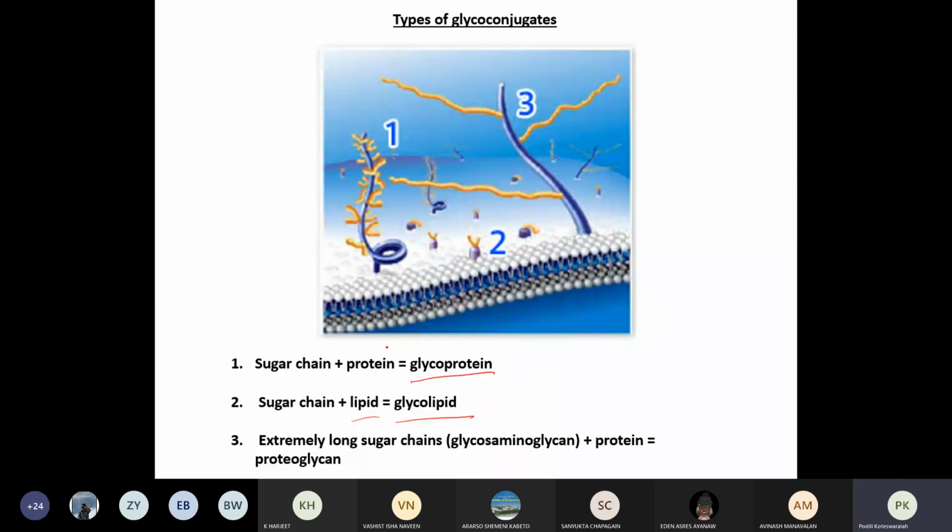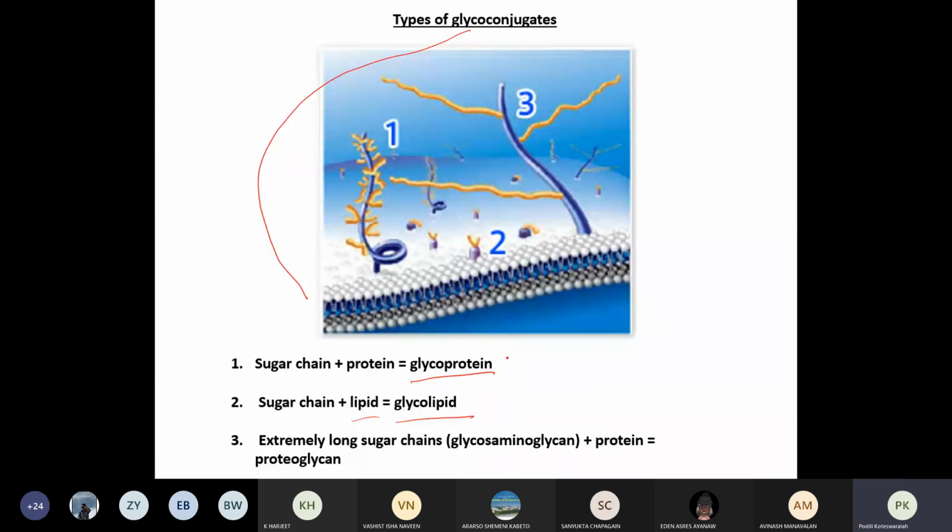So these are glycoconjugates, and glycoconjugates means carbohydrates linked to non-carbohydrate moieties. In glycoproteins the carbohydrates are linked to proteins, whereas in glycolipids they are linked to lipid.